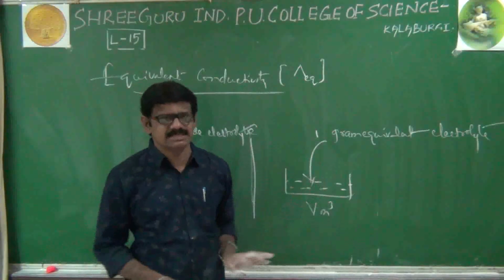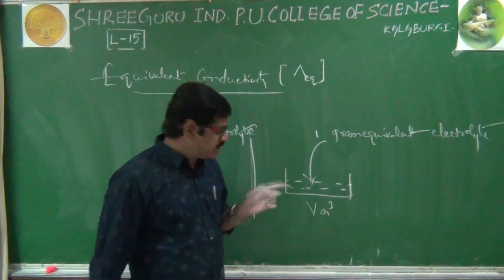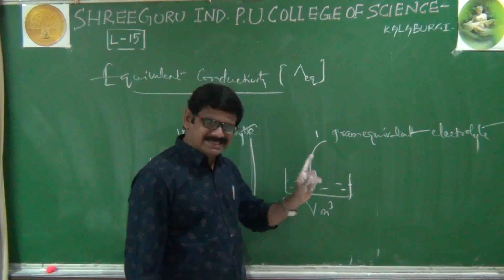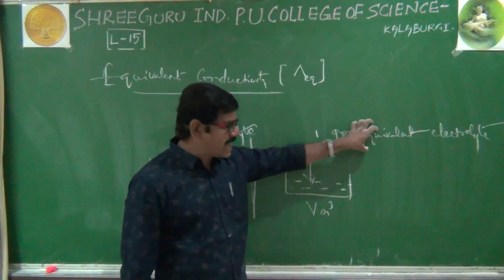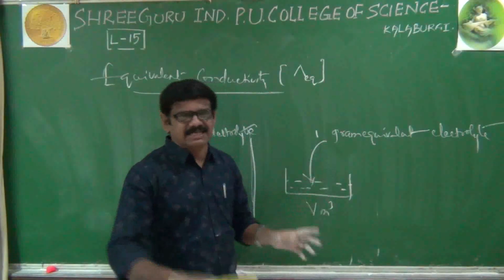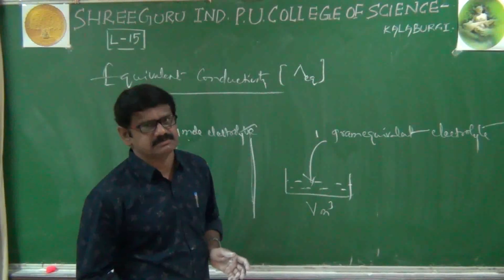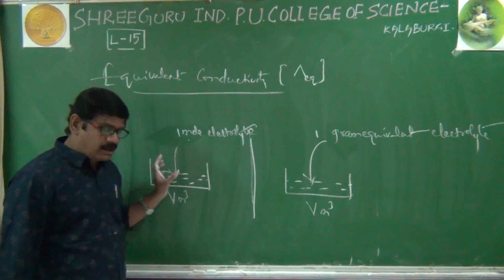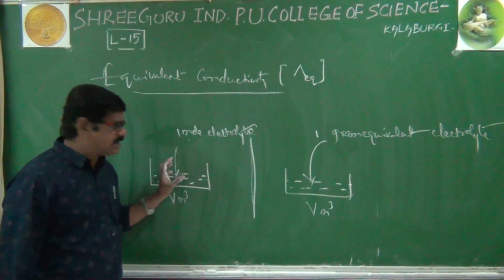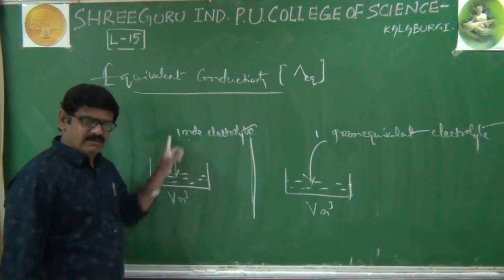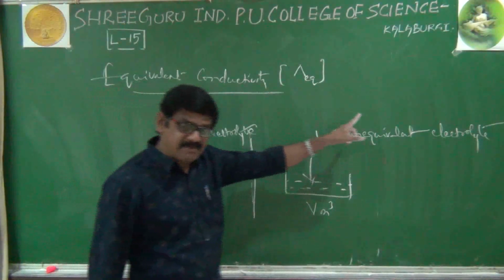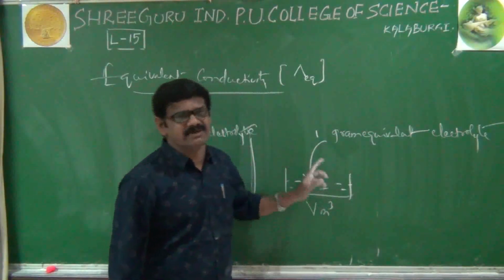1 mole electrolyte, 1 gram equivalent electrolyte. The remaining is the same. How to define? Very simple. The conductance of all ions produced by dissolving 1 gram equivalent of electrolyte in the given volume of solution. Once again, molar conductance: the conductance of all ions produced by dissolving 1 mole of electrolyte in the given volume of solution.